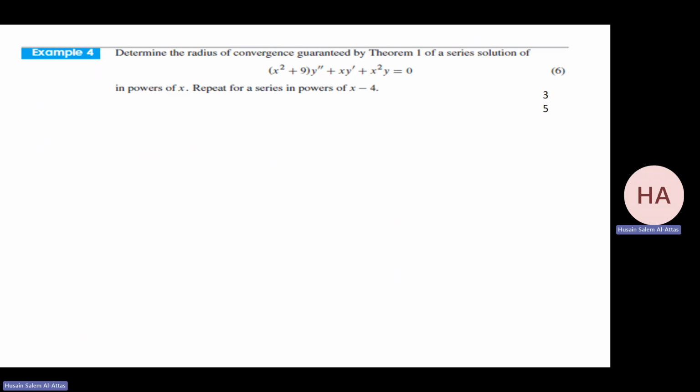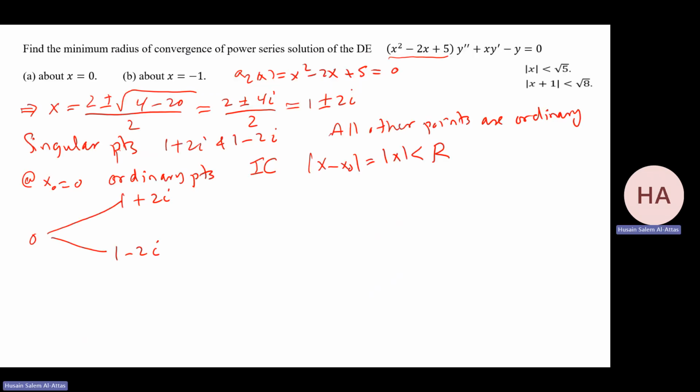How to find the distance? Consider it this way. Consider the 0 to be (0, 0), so I have real part and imaginary part, which is the same, 0, 0. This one, 1 and 2. This one, 1 and minus 2 as the real part and imaginary part.